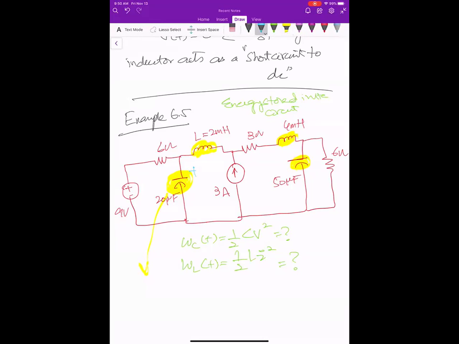So I need to know this VC. I need to know the current that is flowing here, and similarly the voltage across this. So it means that I need to know the currents and voltages across the components that store energy, right?